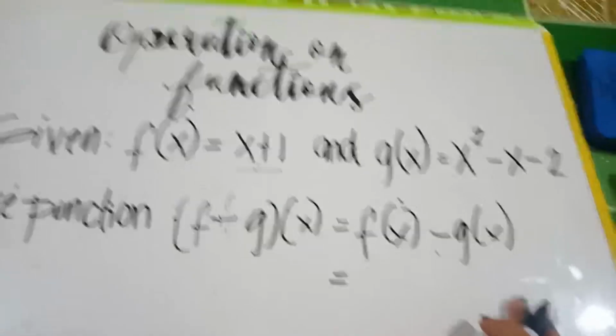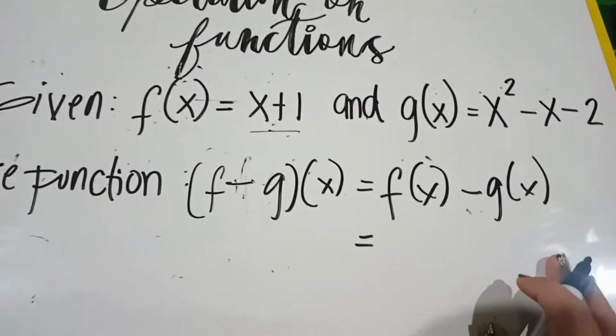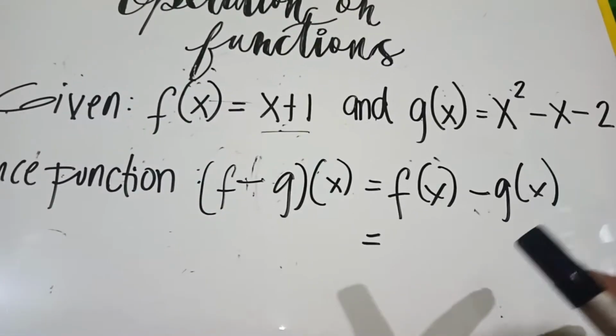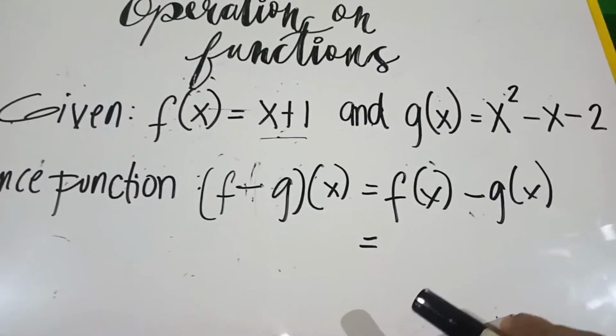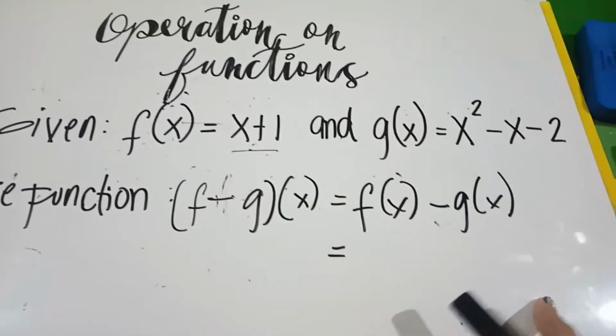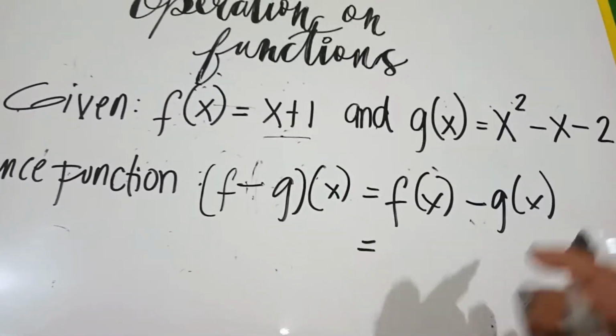Okay, so in solving the difference function, subtrahend is subtrahend, minuend is minuend. Ibig sabihin, hindi natin pwedeng pagpalitin ang ating f of x and g of x kasi maapektuhan yung ating sagot.